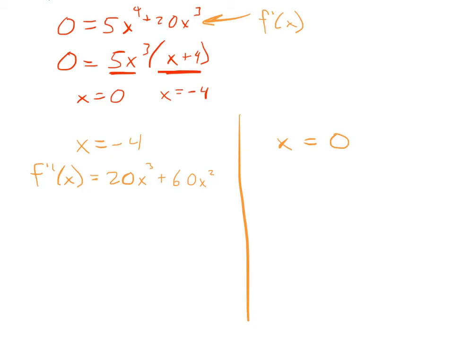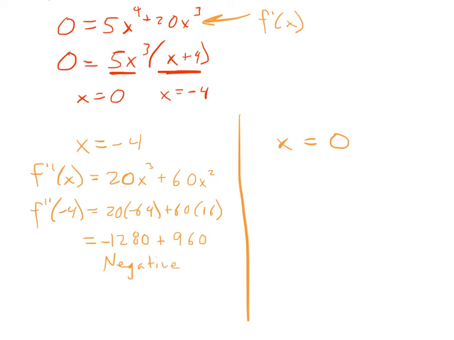And when I plug -4 into that, f double prime of -4, I end up with 20 times -64 plus 60 times 16. This is -1,280 plus 960. And what's important here is that this is negative.